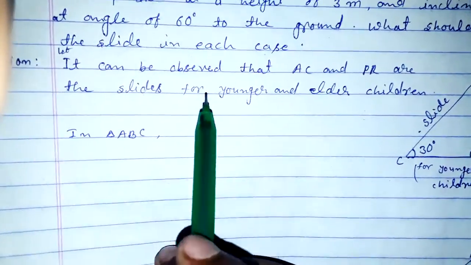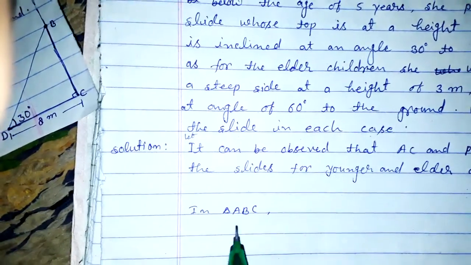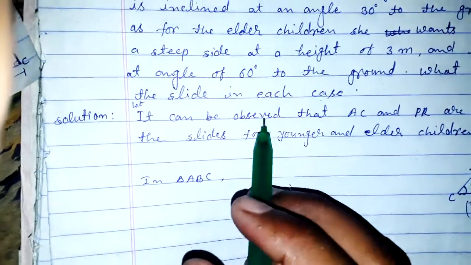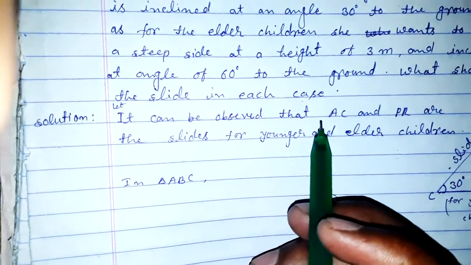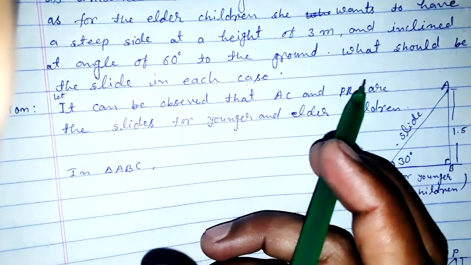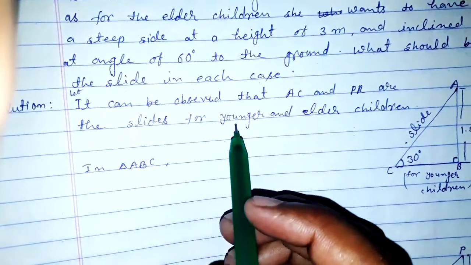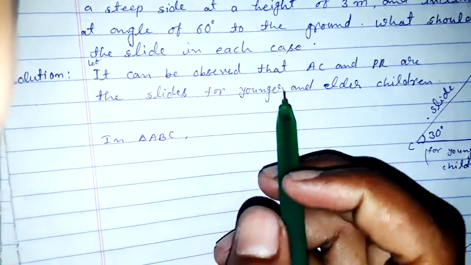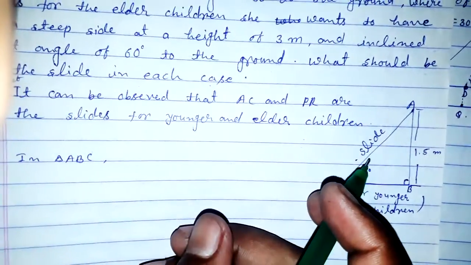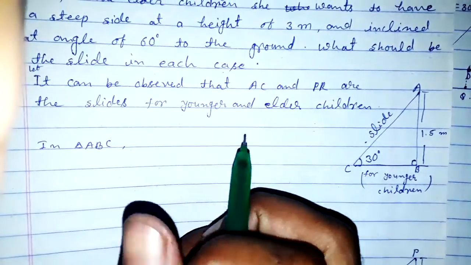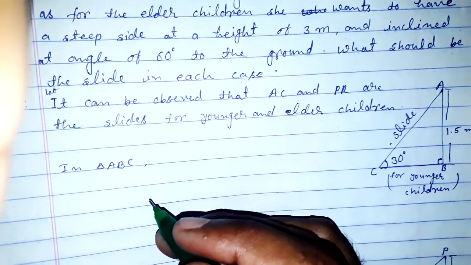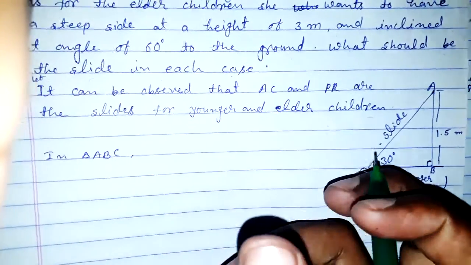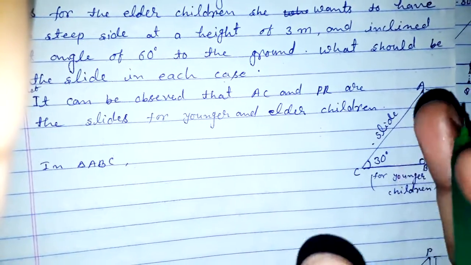Solution. It can be observed that AC and PR are the slides of the younger and elder children. In the first triangle ABC, we will find the AC here. So take the ratio of two sides here, AB and AC.